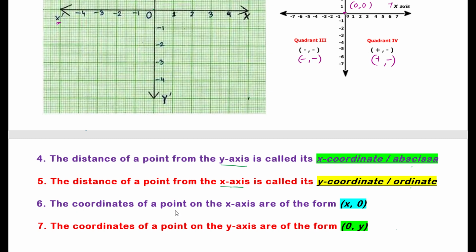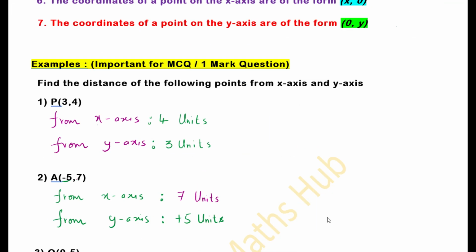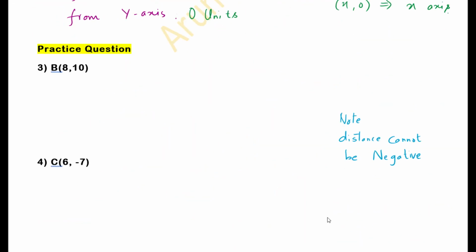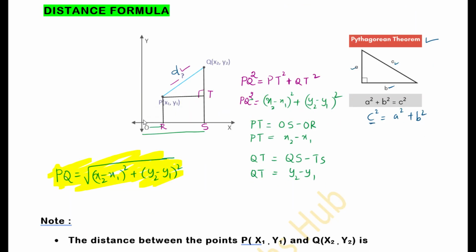The coordinates of a point on the x-axis is of the form x comma 0, which is very important, whereas the point on the y-axis is of the form 0 comma y, and we have solved few problems based on these concepts. We have learnt the distance formula.